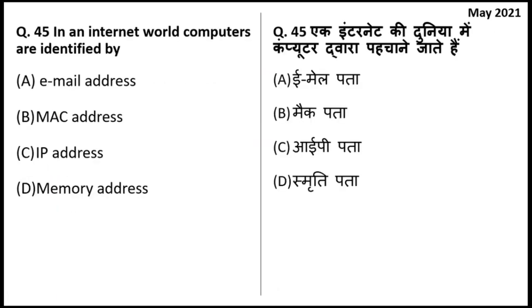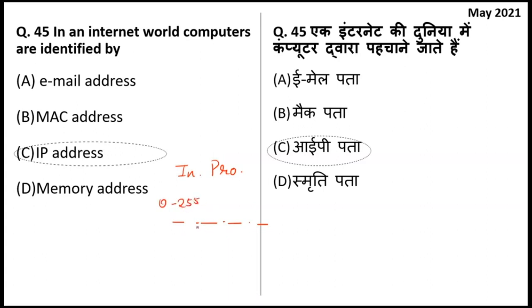In the internet world, computers are identified by IP address. IP means Internet Protocol address. So there are certain rules for an IP address. There should be 4 numbers separated by dots, and all the numbers should be in the range of 0 to 255.